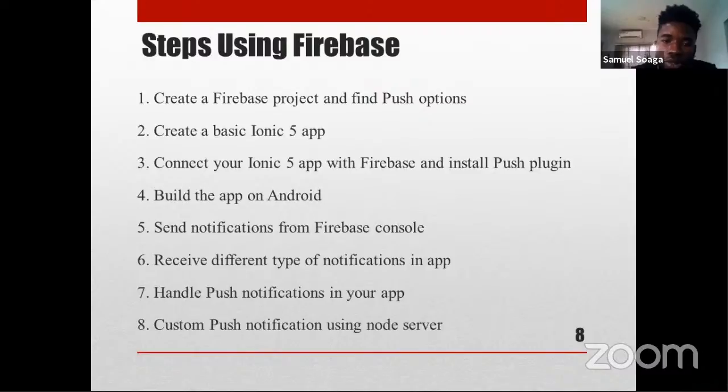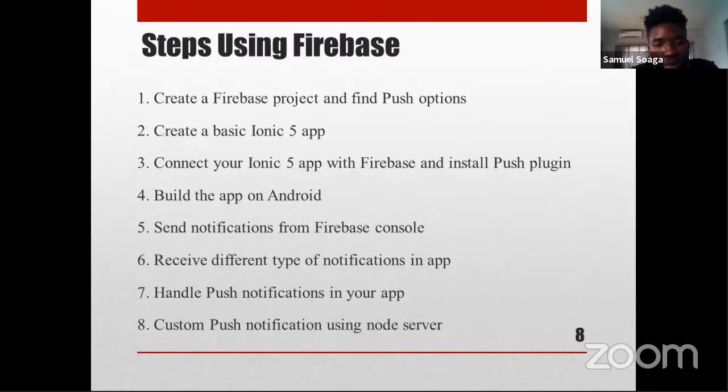Once you log into the Firebase console, it's going to ask you for the unique ID, and it's going to create a JSON file based on that unique ID. It's that unique ID that you now go and put into your code. When you implement it into your code, that way you're able to connect your application with Firebase, and then after that, install the push plugin on your application.